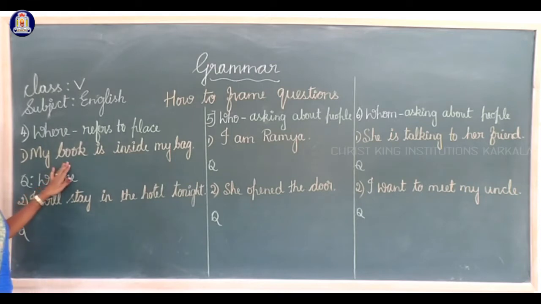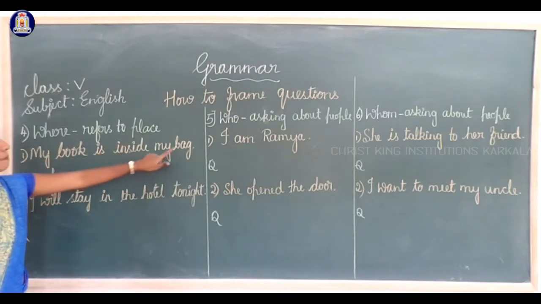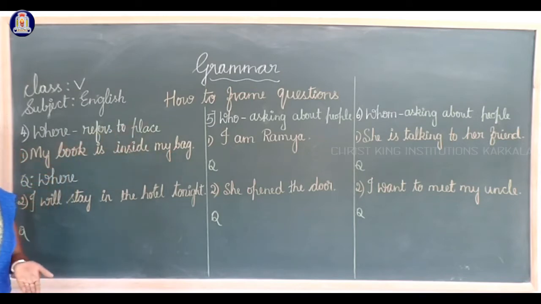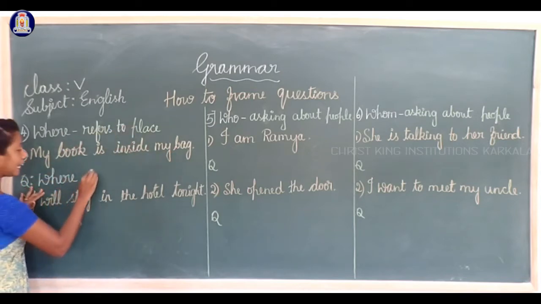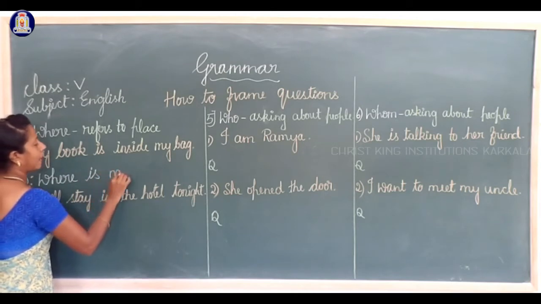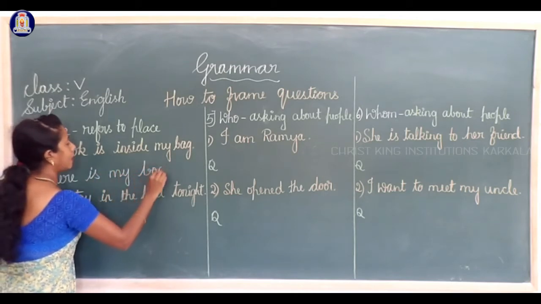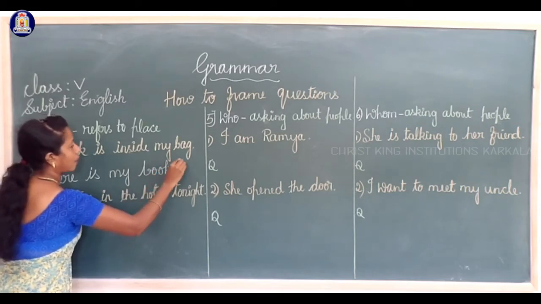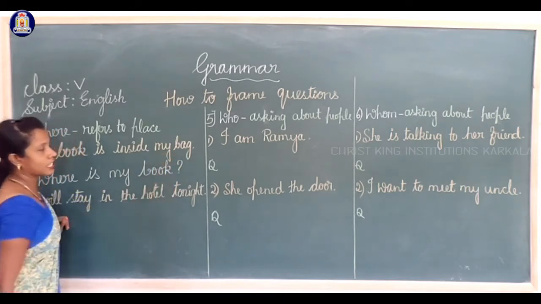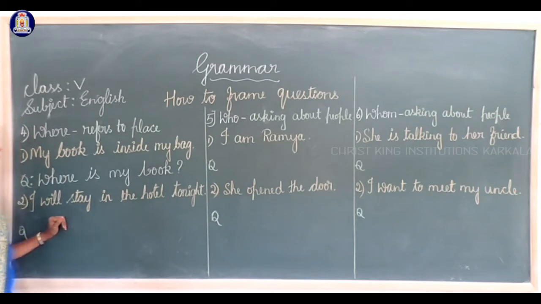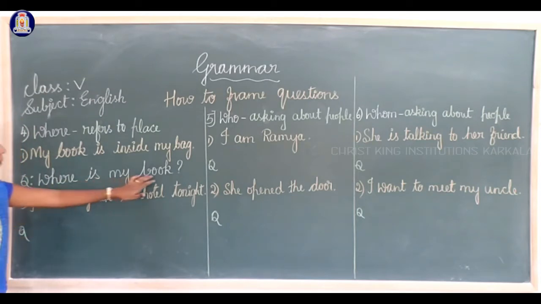What are you asking about? See, my book is inside my bag. So how do you have to ask? Where is my, what is that? Yes, book. Where is my book? Then you have to put a question mark. So, where is my book? My book is inside my bag.